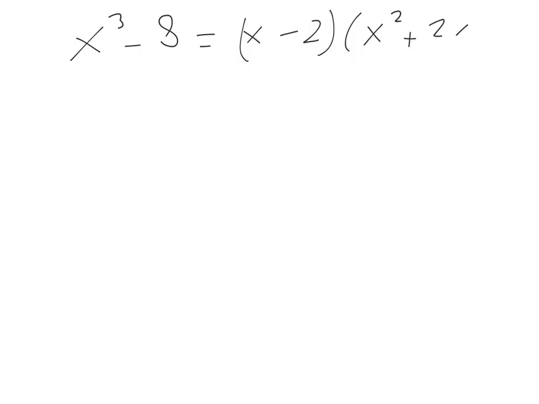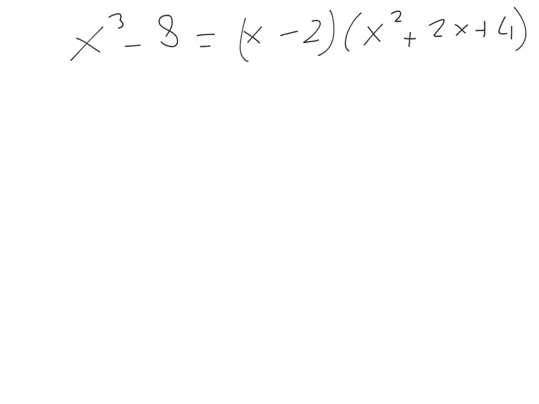We know that x cubed minus 8 can be factored as x minus 2 times x squared plus 2x plus 4.